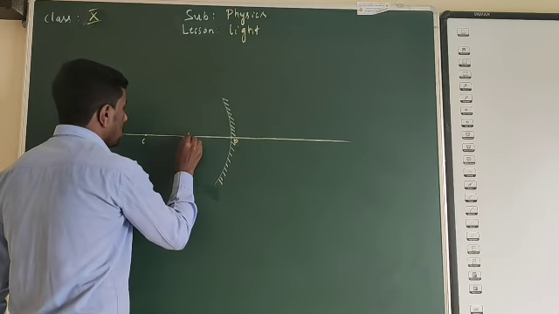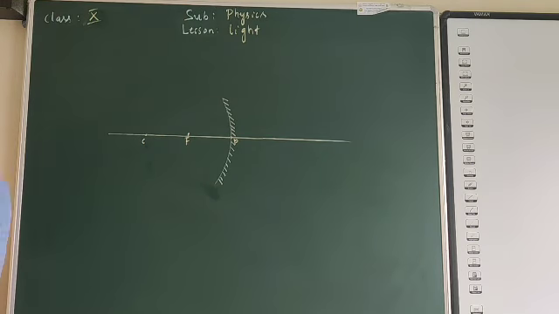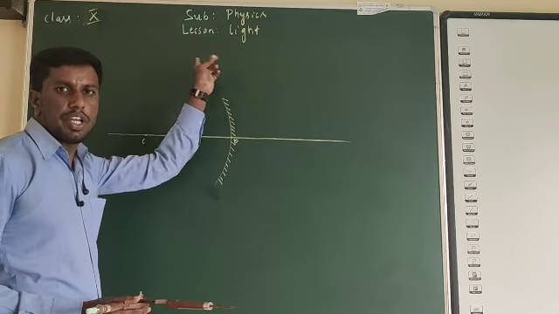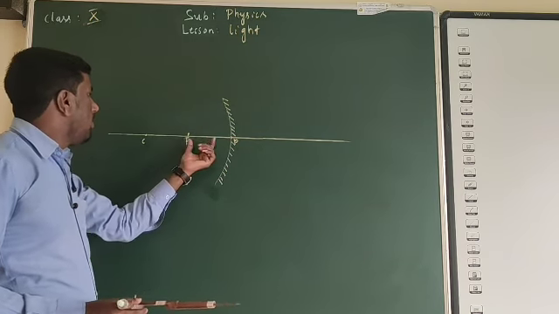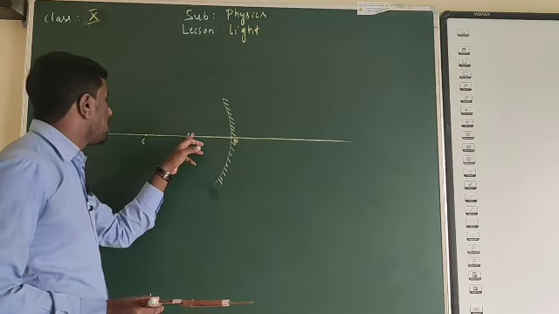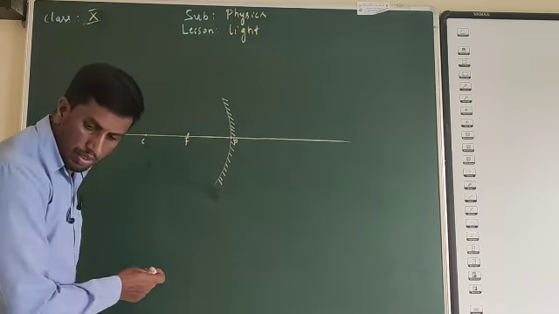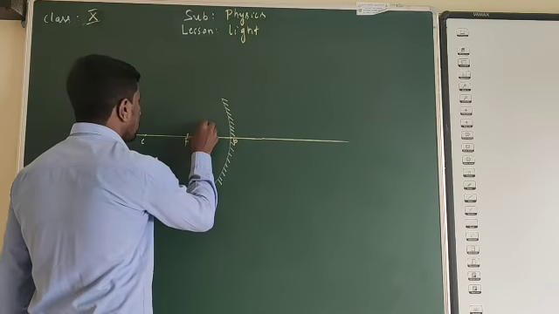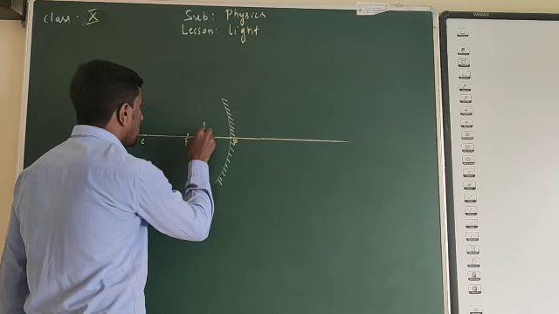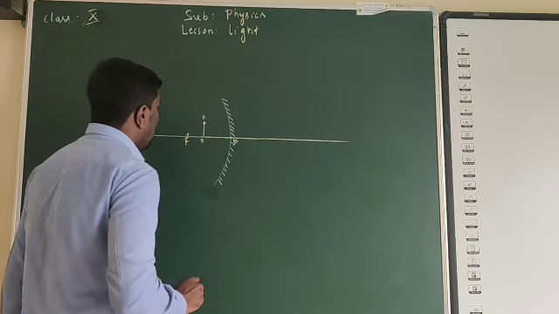So this is F. Okay, and they have told me that the range of distance of the object from the mirror will be 0 to 15 centimeters. So I can keep the object between P and F. We'll keep the object somewhere between these two.